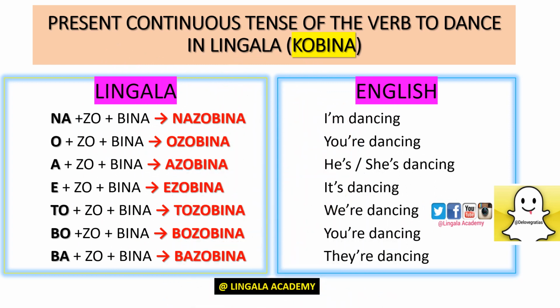We have another example, the verb kobina. Kobina means to dance. Nazobina means I'm dancing.